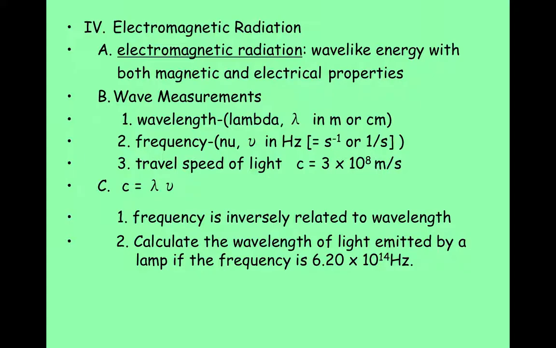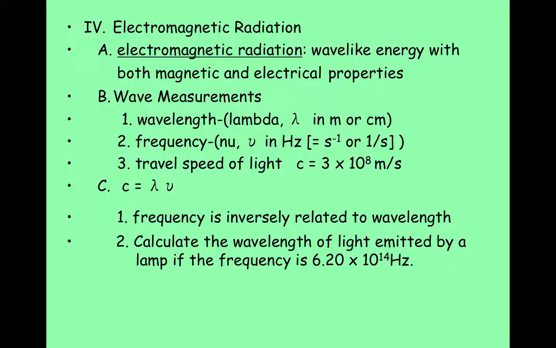And we tend to measure waves in a few different categories. We measure wavelength, which is symbolized by this symbol called lambda, which is measured in meters or centimeters, or sometimes even in something like a nanometer if the waves are really small, which they usually are. Frequency is another important measurement. We just talked about that. That's how many waves occur per second.